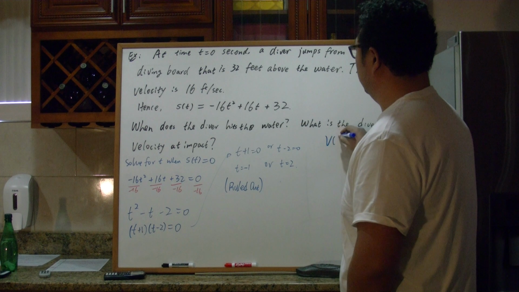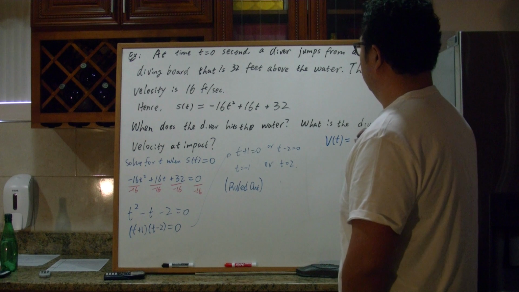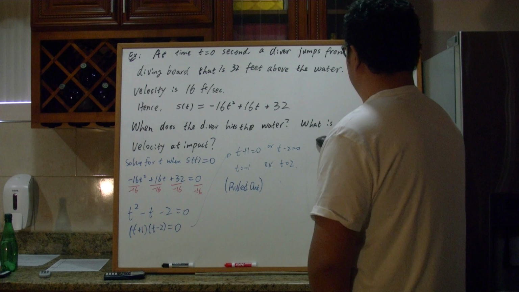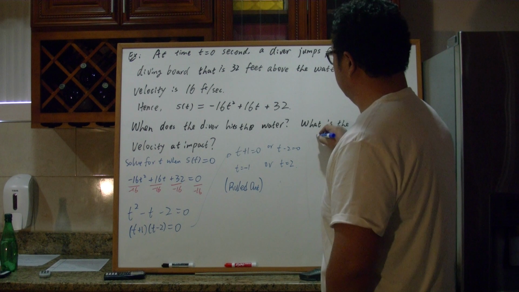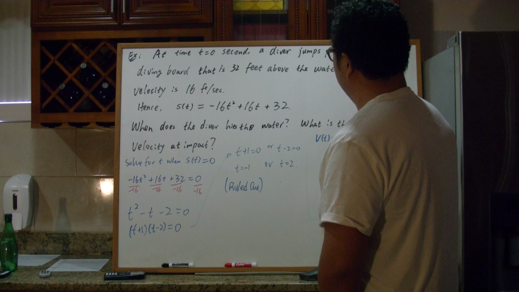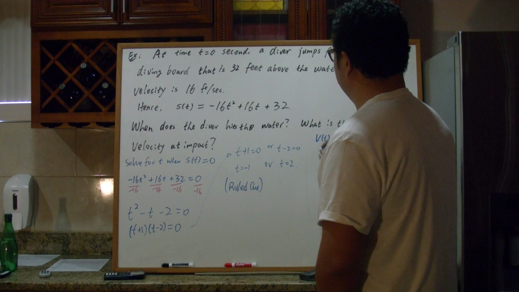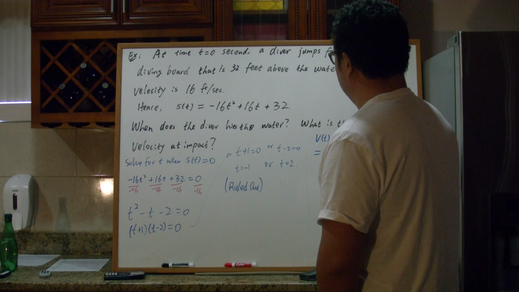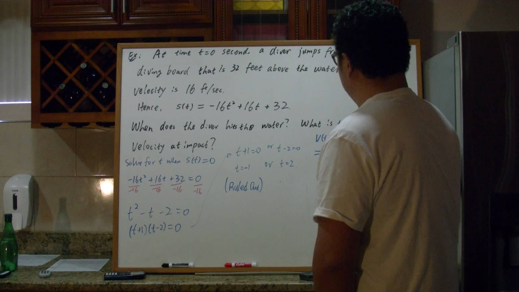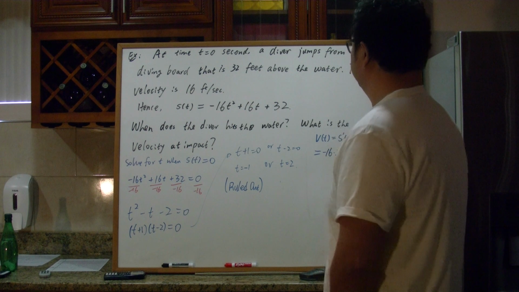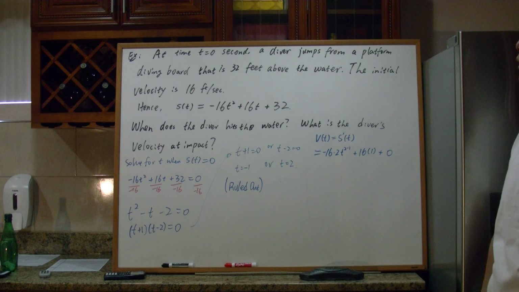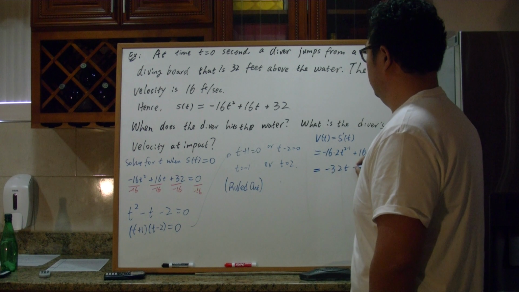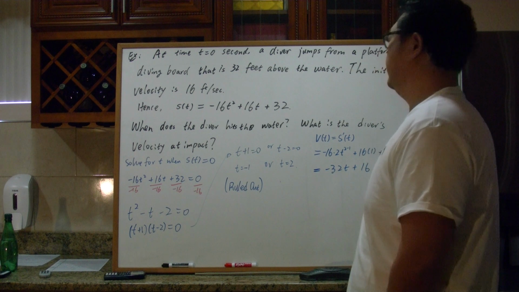So the velocity function is the derivative of the position function. Negative 16 times 2t to the power of 1, plus 16 times 1, plus 0. Using the power rule, that is negative 32t plus 16.